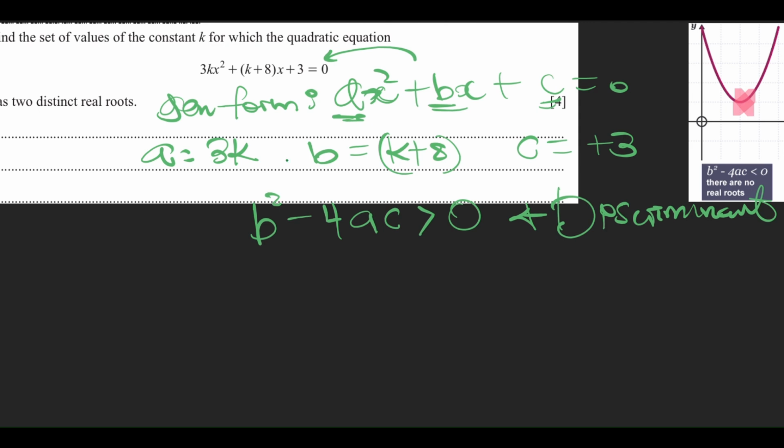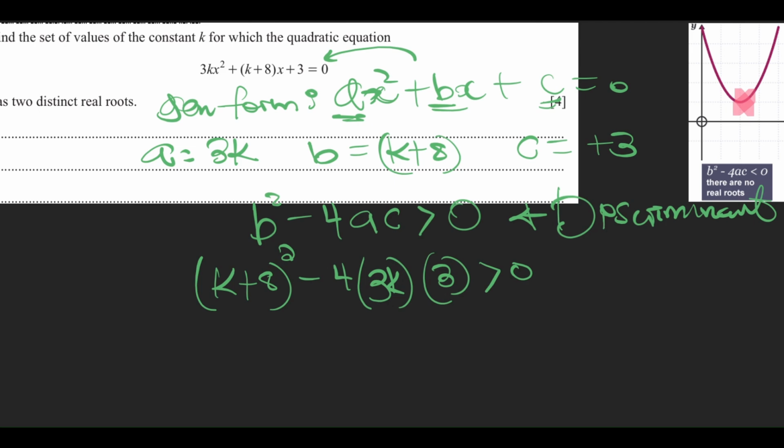Now, what is your b? k plus 8. Substitute for it here and square that. Minus 4 into, your value for a is 3k, and your value for c is positive 3. All of this has to be greater than 0.